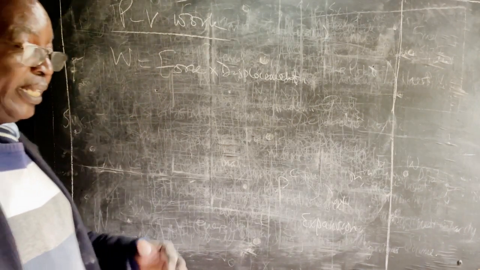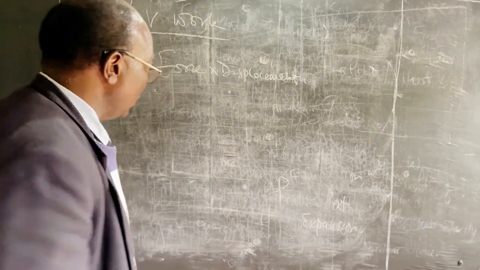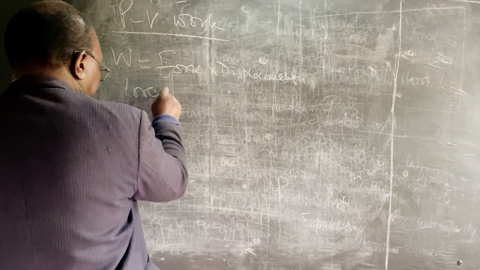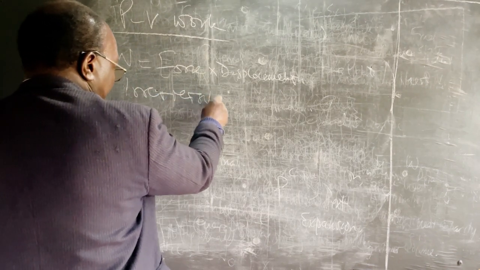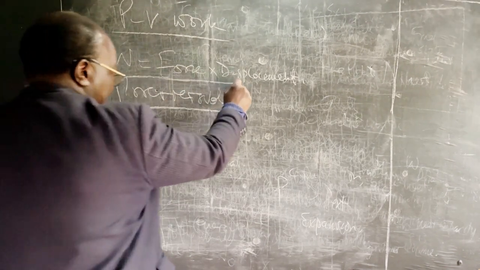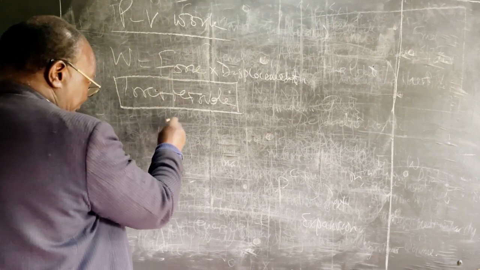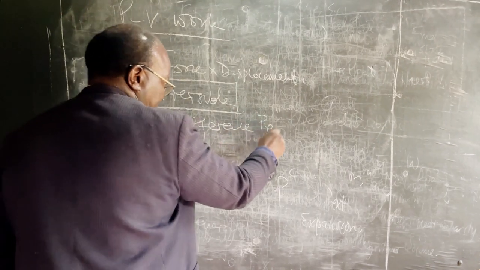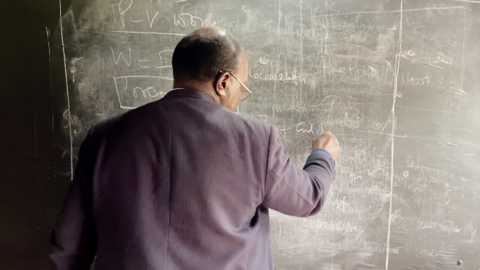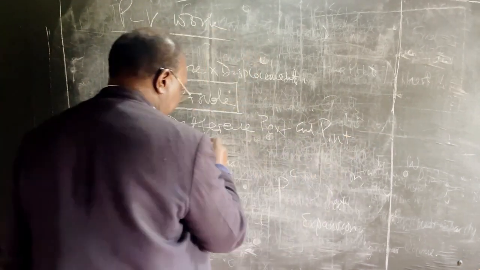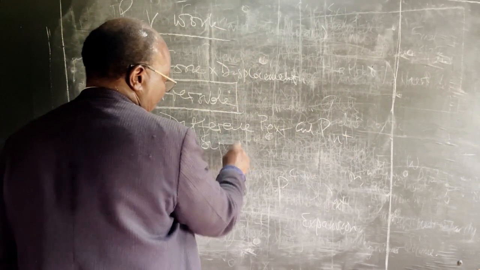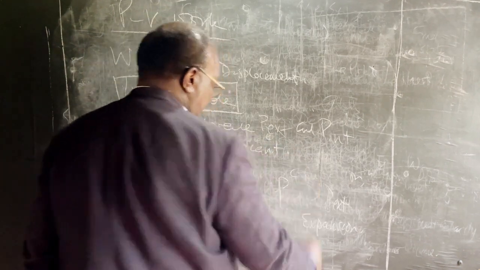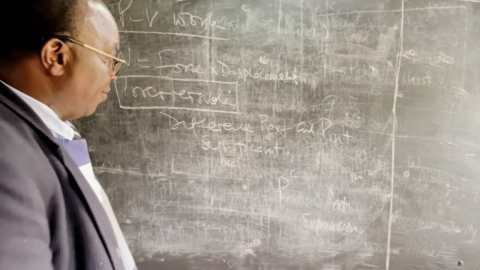So that is called irreversible work. Very important to note. That means the difference between external and internal pressure is significant. We are going to see that this is not the same as in the case of reversible work.